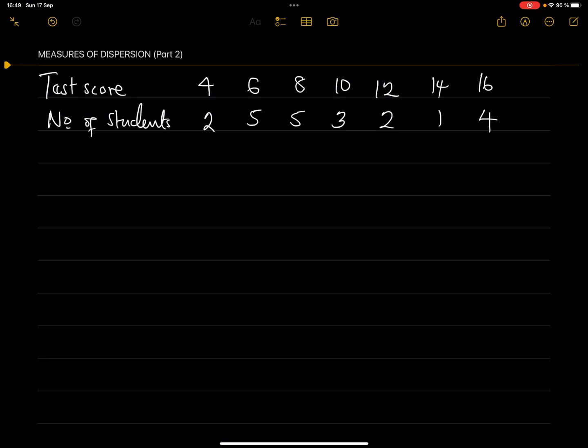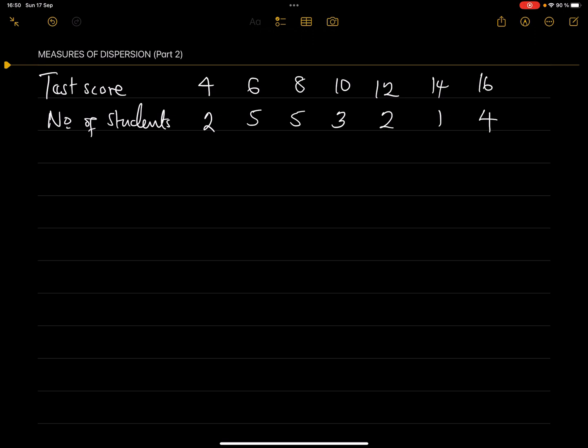A way to look at it is you can write this data set in full, because this type of data set is called a discrete grouped data set. Because it is a small, manageable data set, you can write it in full, then calculate the range.